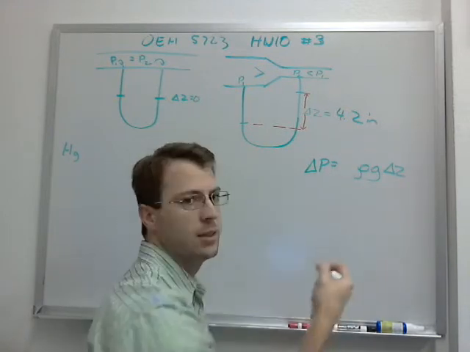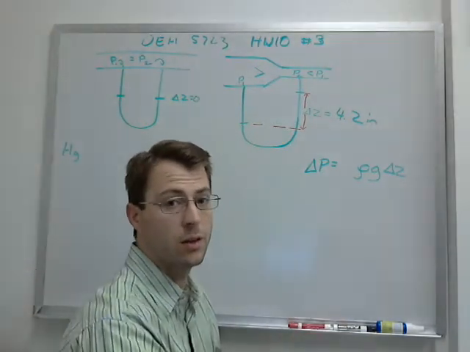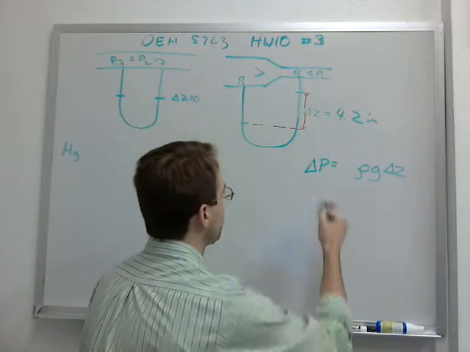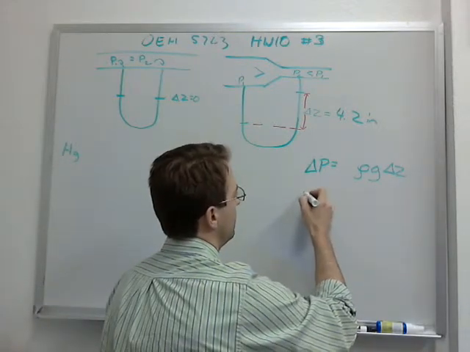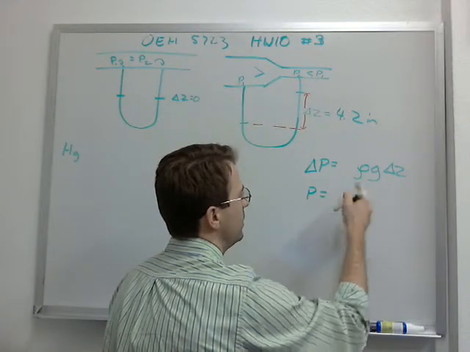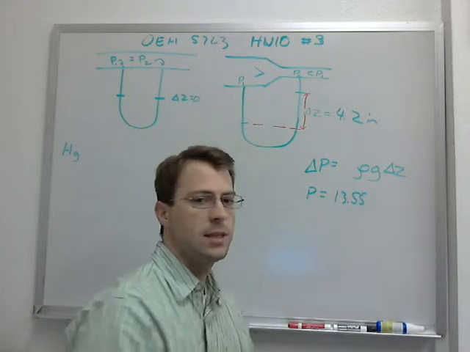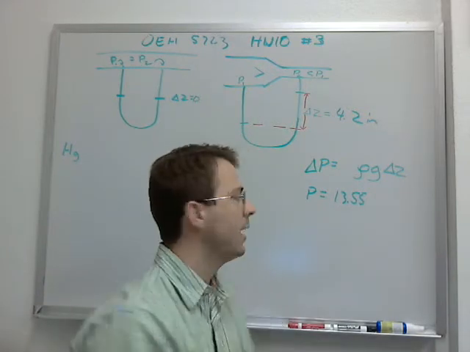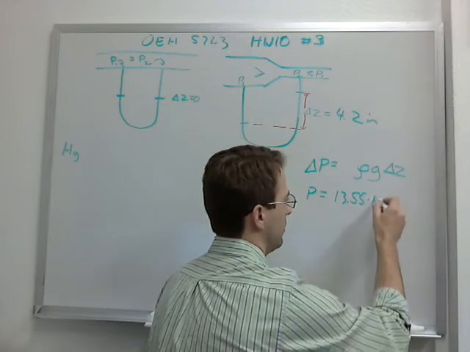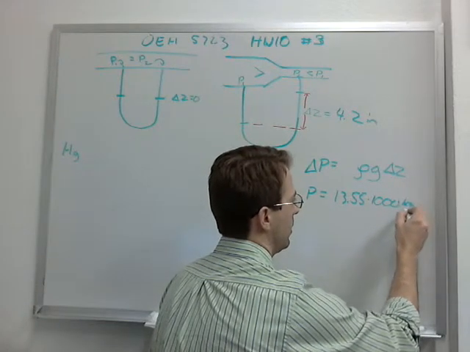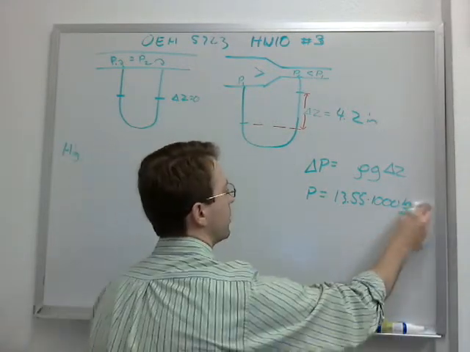We're assuming that the cross section stays constant, so we don't need the volume, we just need the density. For mercury, our density is 13.55 times that of water, and water is 1,000 kilograms per cubic meter.